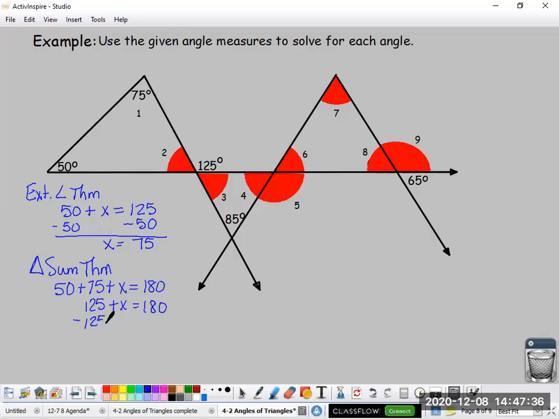So subtract that 125, and x is 55, or angle 2 is 55. Right across, angle 2 and angle 3 are vertical angles. Remember, all vertical angles are congruent. So angle 2 is congruent to angle 3, so that means angle 3 is also 55 degrees.